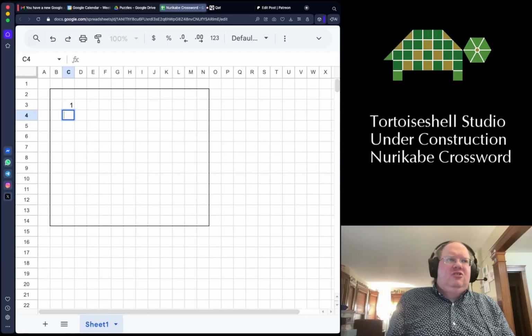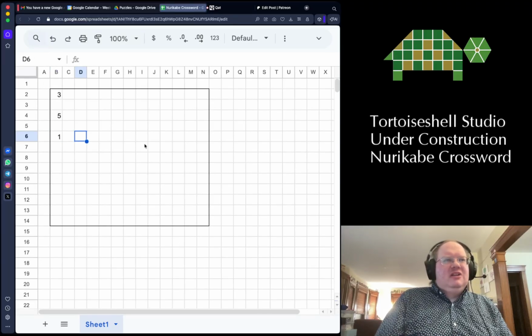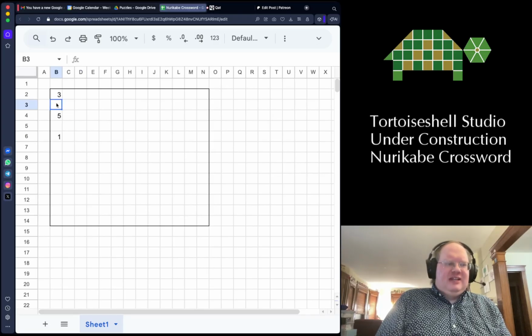Like it might be, I don't know, 1, 3, actually 3, 3, 5, 1. And you have numbers throughout, and you're meant to divide the grid into black and white cells.